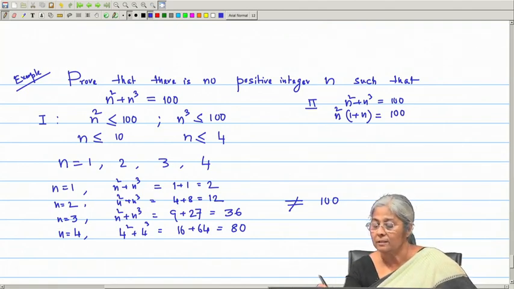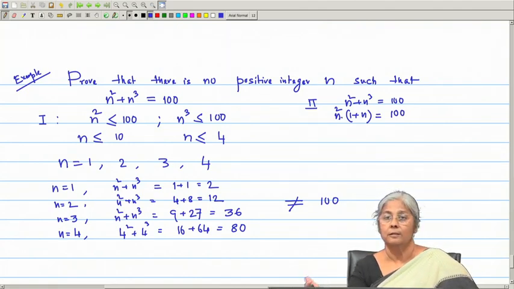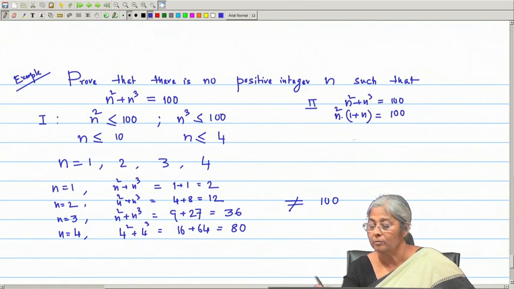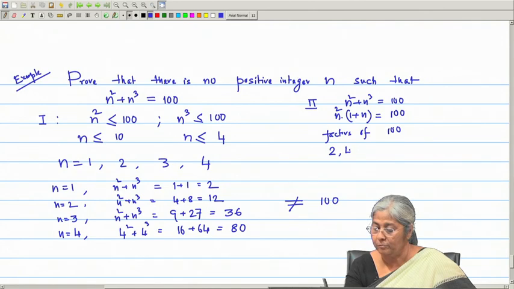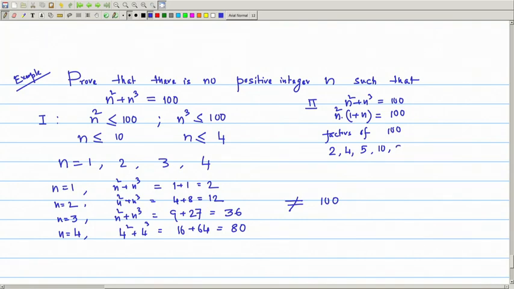Since these are two factors, if we know the factors of 100, these are 2, 4, 5, 10, 20, 25, 50.